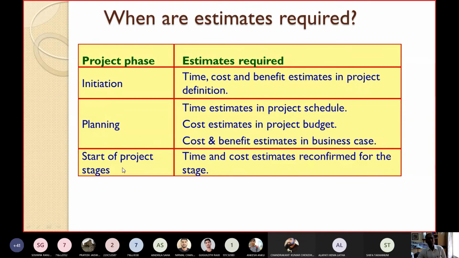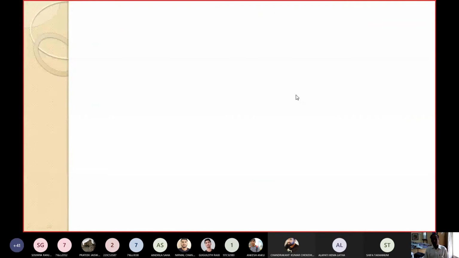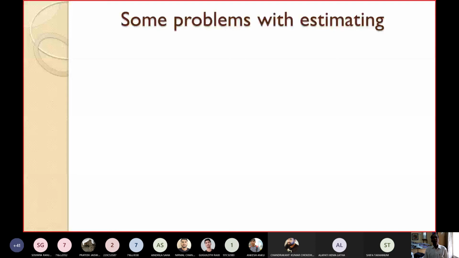Similarly, during project execution or start of the project stages, we must estimate the time and costs, which will be reconfirmed for this stage. So these are the phases, and we have seen which estimates are required in which project phase. Then quickly let's look at some of the problems with estimating.